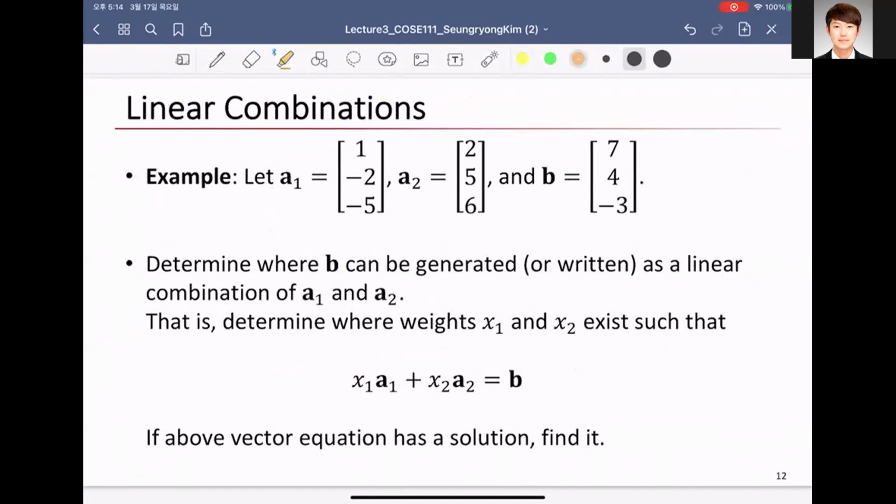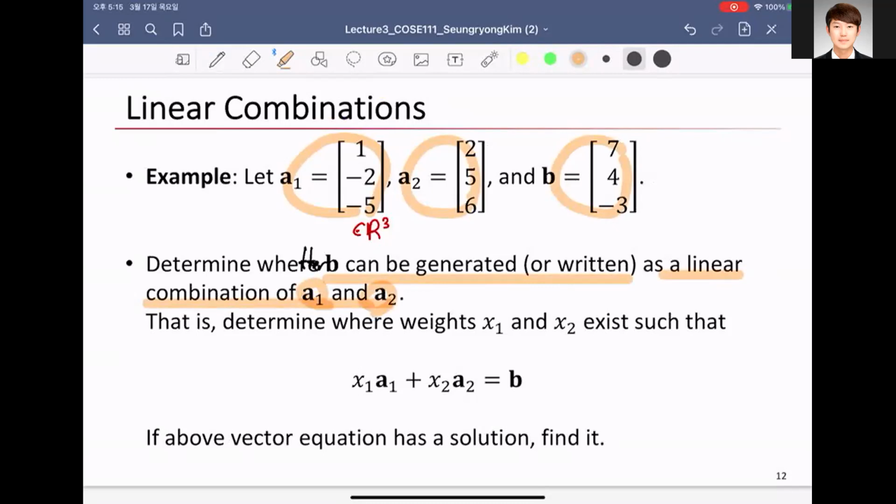For example, a1 looks like (1, -2, -5) in R^3 space, and a2 consists of (2, 5, 6) in R^3 space. b consists of (7, 4, -3) in R^3. The question is to determine whether b can be generated as a linear combination of a1 and a2.